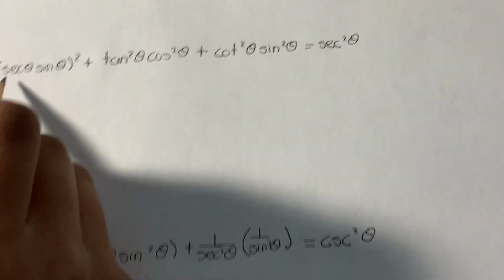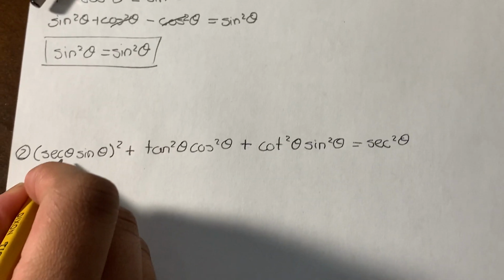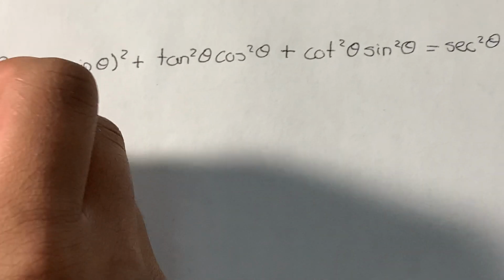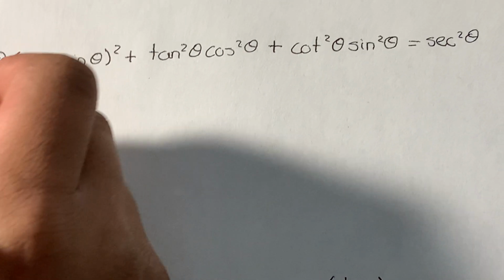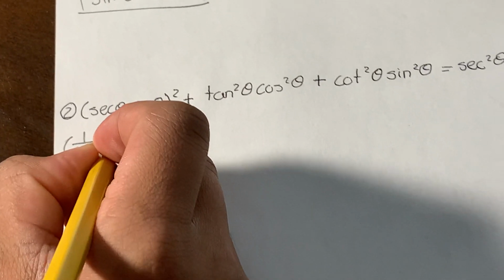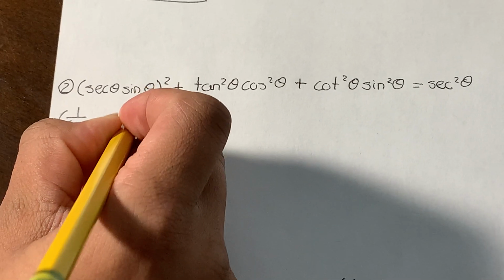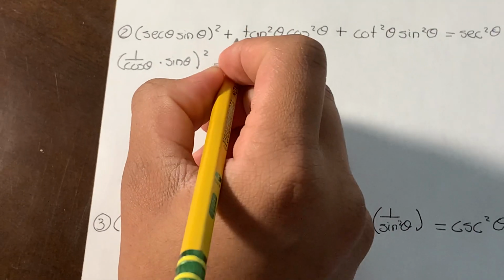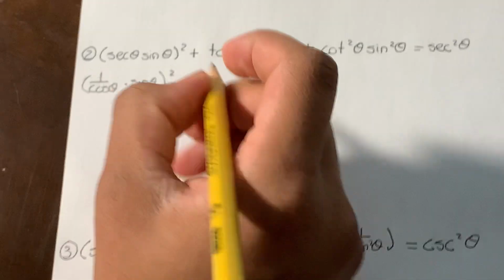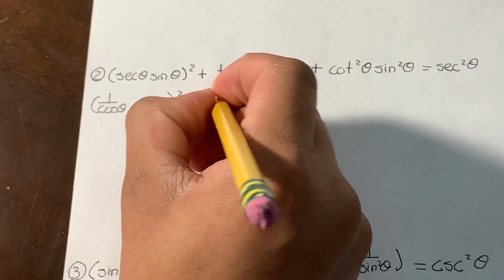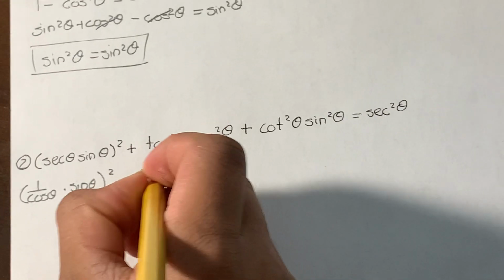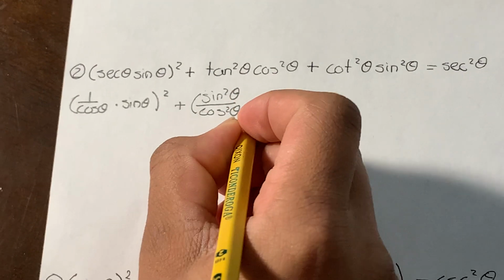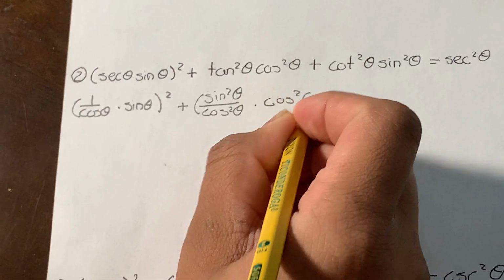So we're going to start off with the first segment, secant theta times sine theta, squared. So secant is basically 1 over cosine theta times sine theta, still squared, plus we're going to do the next segment, tan squared theta, which is, in parentheses, sine squared theta over cosine squared theta, still multiplied by cosine squared theta.